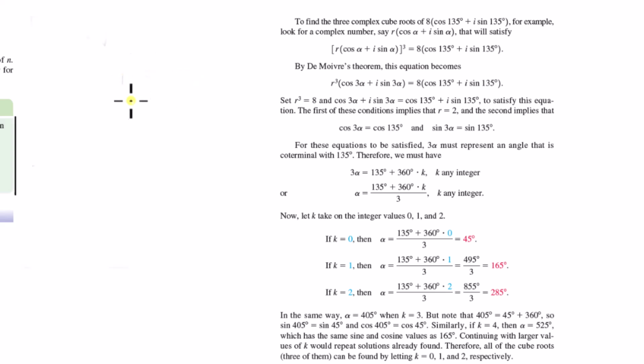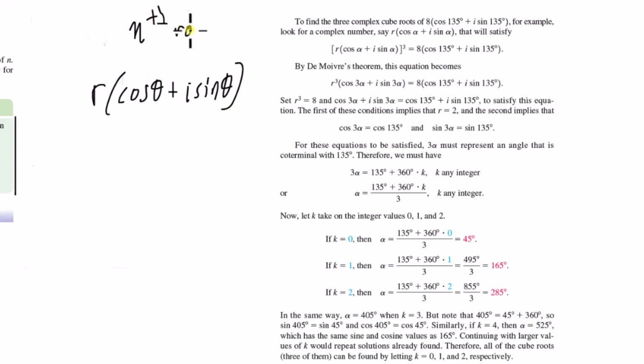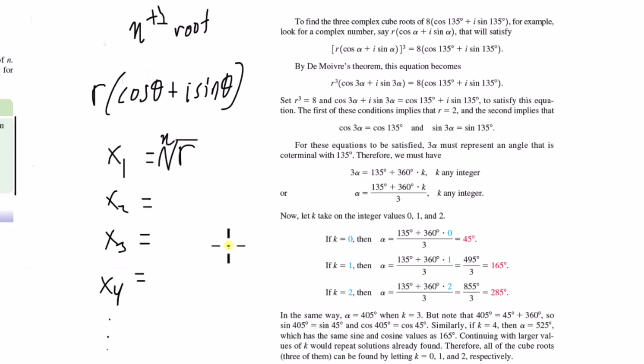Yeah, this is also kind of confusing. You're finding the nth root of this complex number. Then all of the n roots are going to have the same radius, with that radius being the principal nth root of R. And you can put a radical in here.